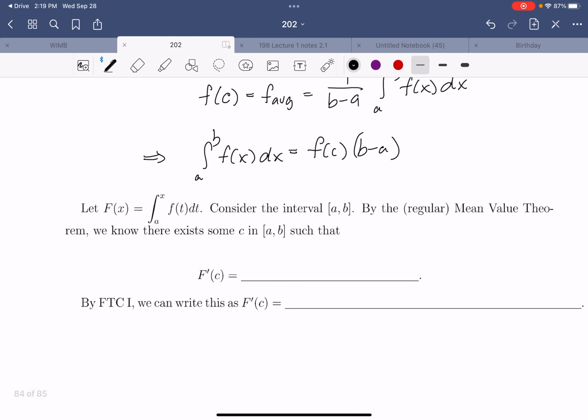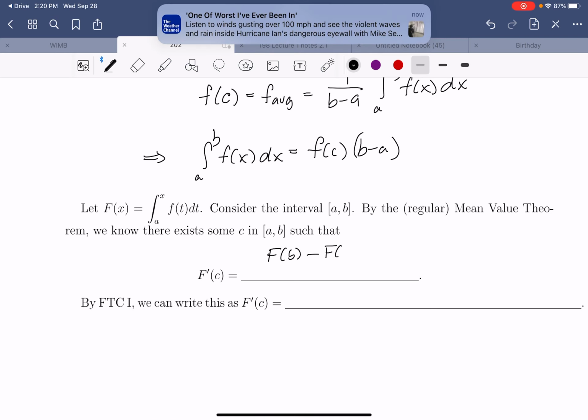And if you think about letting capital F of x be the antiderivative, the integral from a to x of f of t dt, and we consider the interval from a to b, using the regular mean value theorem, and taking the derivative using the fundamental theorem of calculus, the mean value theorem as we had it would be capital F of b minus F of a all over b minus a.